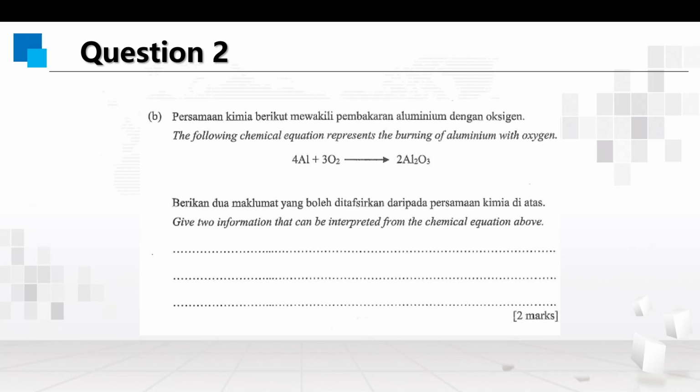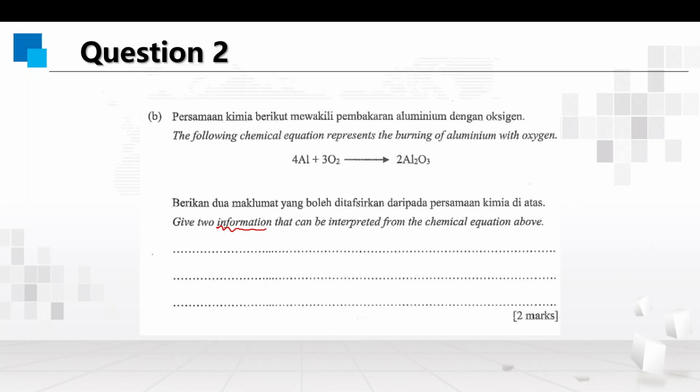B, the following chemical equation represents the burning of aluminium with oxygen, aluminium with oxygen to produce aluminium oxide. Give 2 information that can be interpreted from the chemical equation. The 2 information can be qualitative or quantitative.